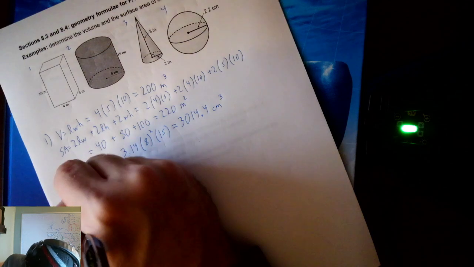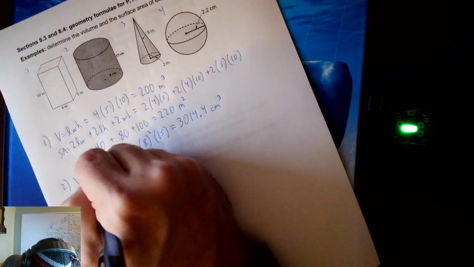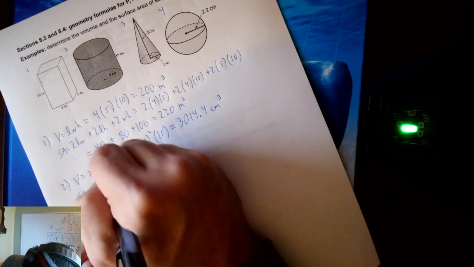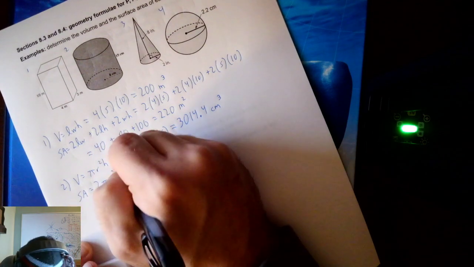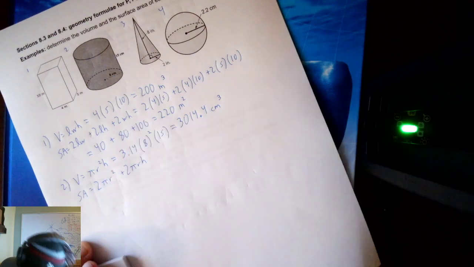Now, the surface area. This formula is 2 pi r squared plus 2 pi r h.